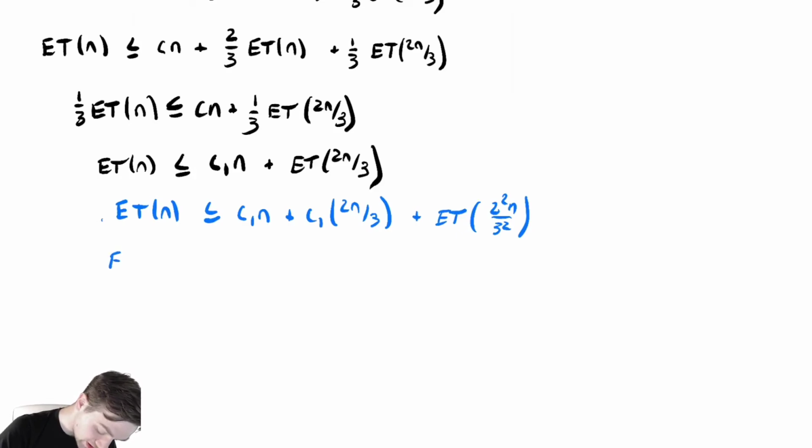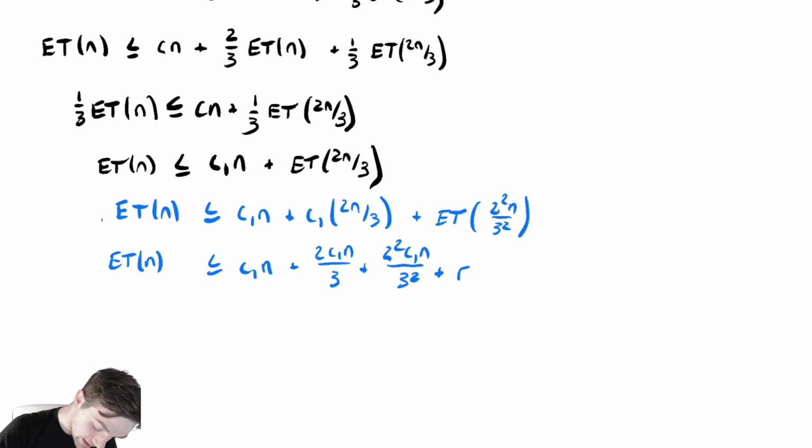Let's do another substitution, and we get E[T(n)] is less than or equal to c1n plus 2c1n over 3 plus 2 squared c1n over 3 squared plus E[T] of 2 cubed n over 3 cubed.